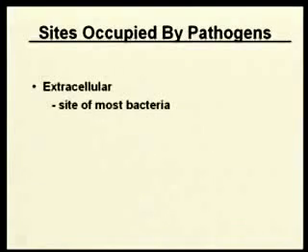Pathogens that infect the extracellular portion, which is the site of most bacteria, will lead to the development of the humoral immune response. The reason is that antibodies are very capable of interacting with bacteria because they're secreted by the plasma cells into the media, and then they're able to interact with the bacteria. However, if there is an intracellular pathogen, the antibodies can't get into the cell, so the antibody response would not be very effective.